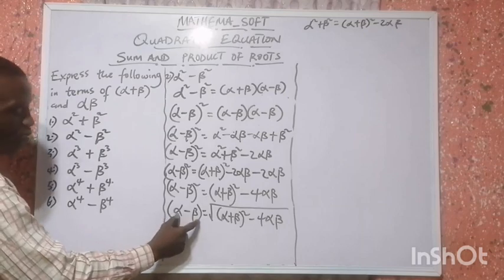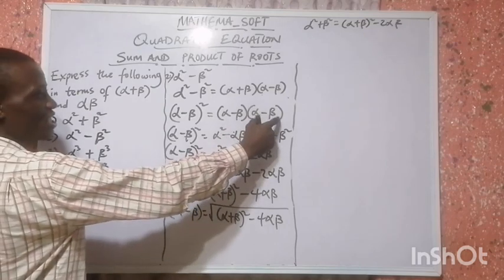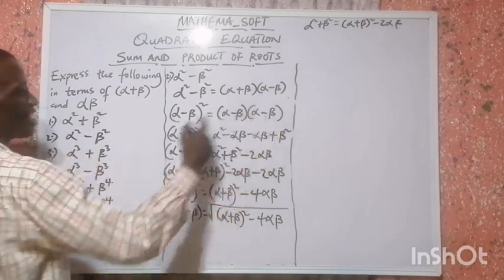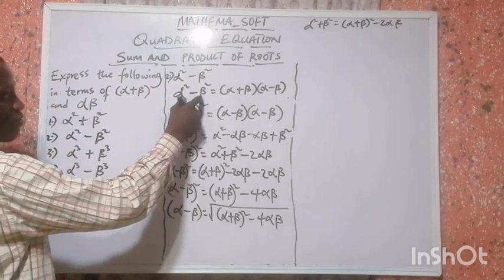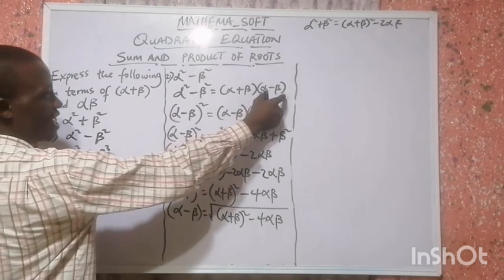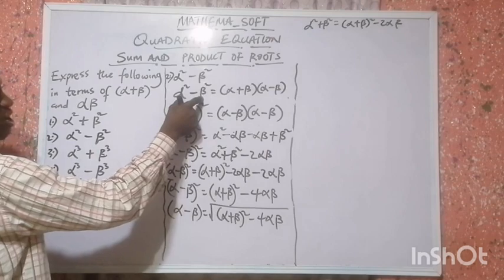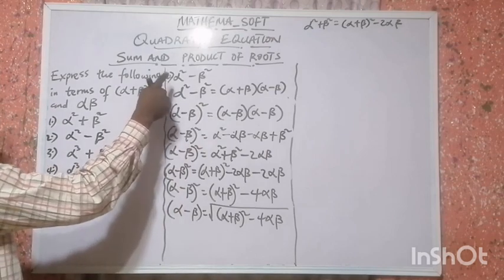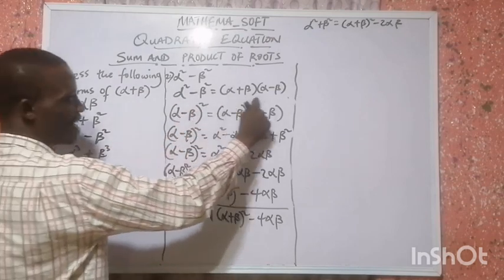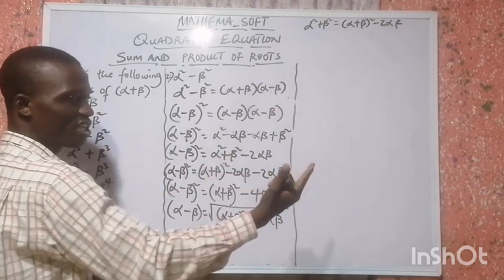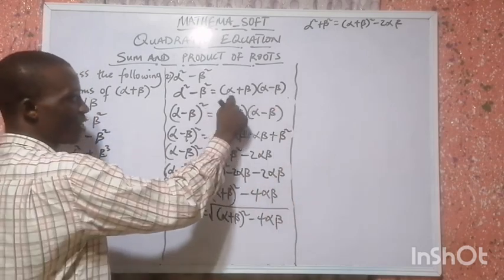So this alpha minus beta now, we are going to put it in the original expansion, which is what they ask us in question number 2. Question number 2 has been expanded into this using difference of two squares, so we don't have a problem with this.